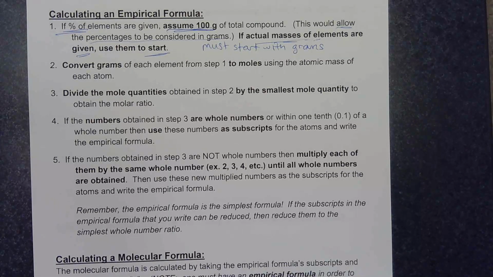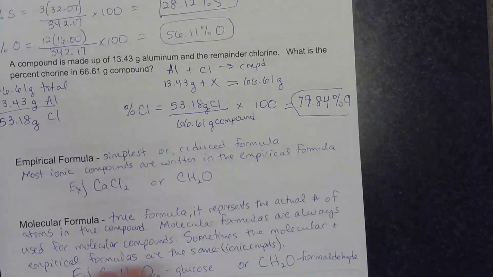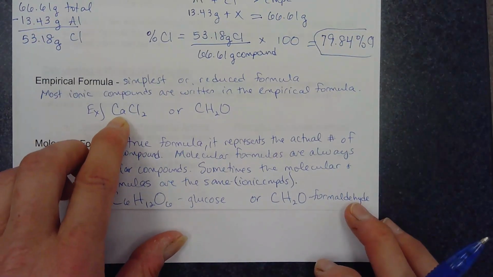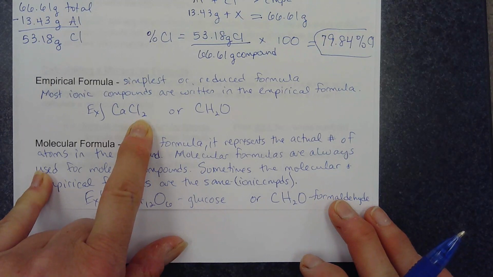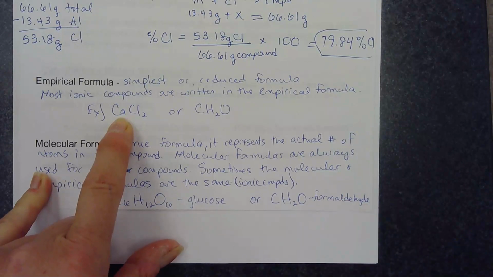Now, when we talk about a mole ratio, let me show you what I mean by that, because that's a new concept. Go back here. We have been talking about this being one atom and two atoms. Yet when we calculate the molar mass, what are we saying? 1 times 40.08.